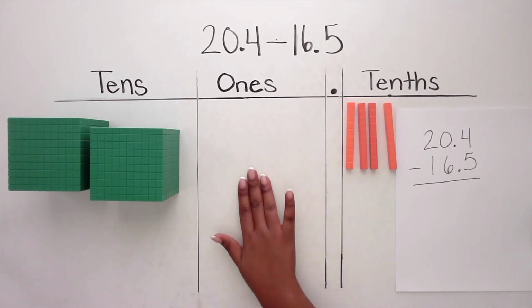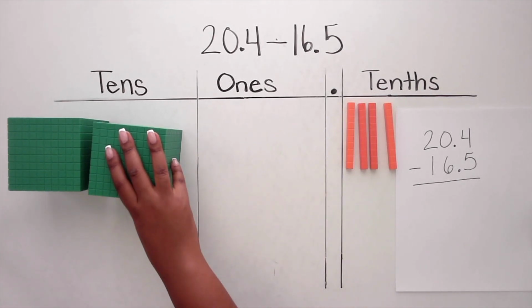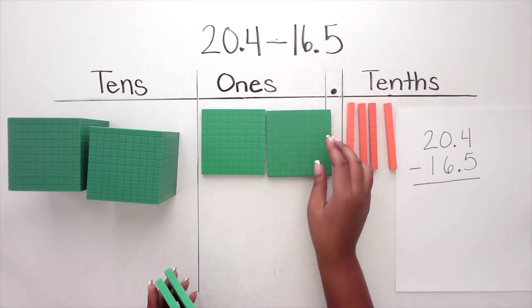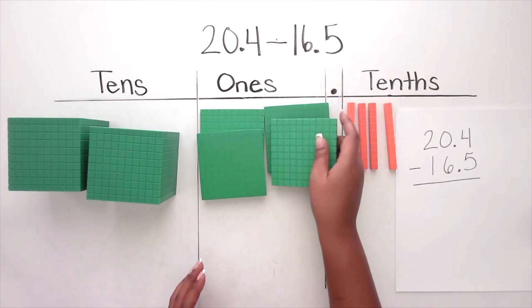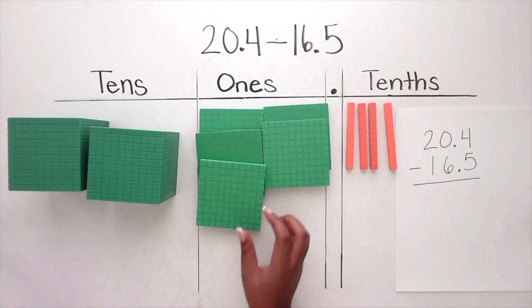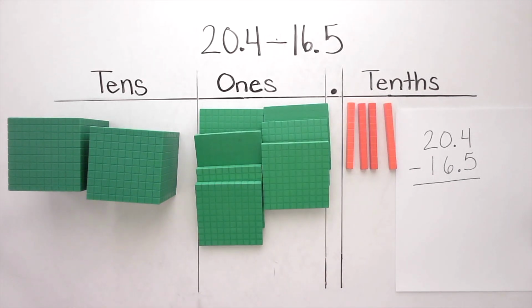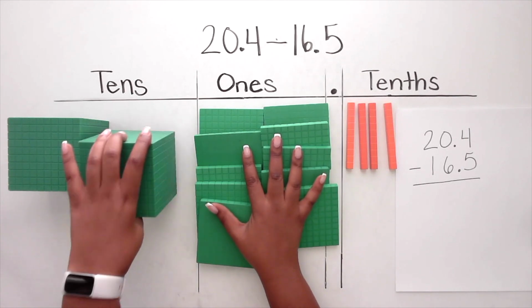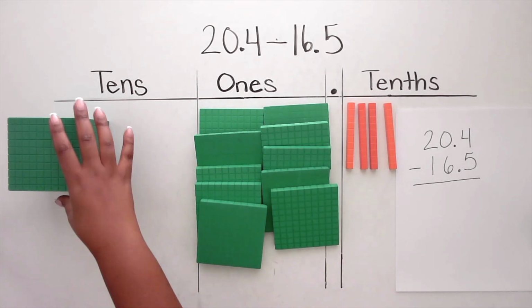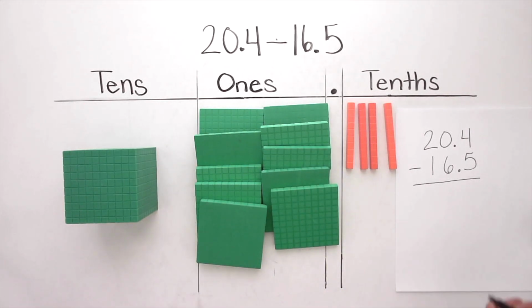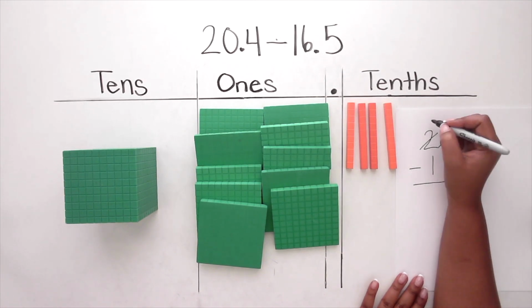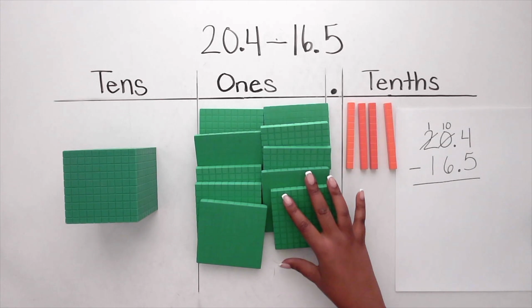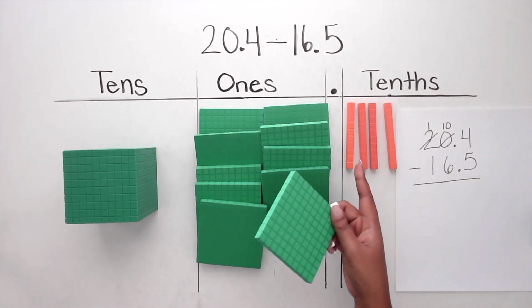But since there are no ones, I'll first regroup 1 10 into 10 ones. Then I'll regroup one of those ones into 10/10.